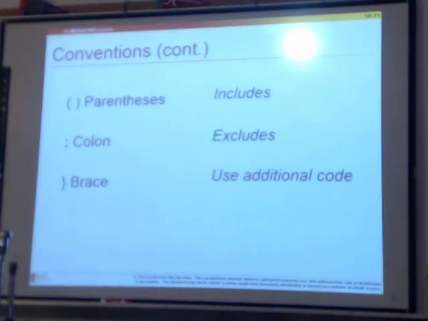And then it'll have a different code for hypertension with renal failure. So you would have to look somewhere else for that code. If there's a brace, then you're going to have additional codes that go along with it as well. So if I fall off of the bleachers and get a laceration and a concussion, I'm going to have to code, and I'll just look up concussion. I'm going to have to use an additional code to determine why I have that concussion. What was it related to?